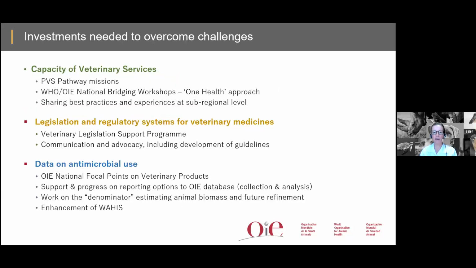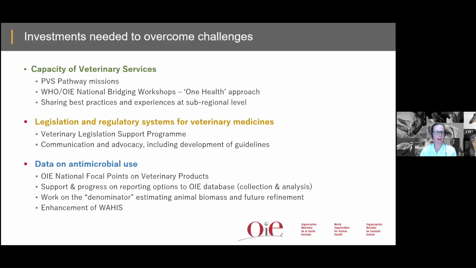What kind of investments do we need to make to overcome those challenges? So for capacity of veterinary services, I mentioned this Performance of Veterinary Services pathway. We have various missions to assess what the level of veterinary services is in a country.